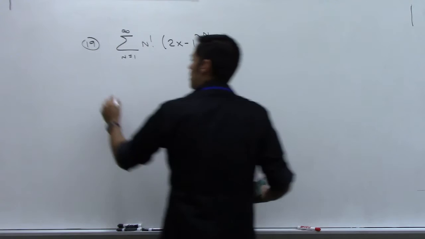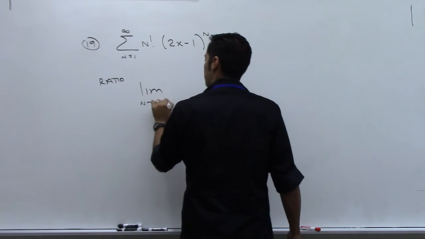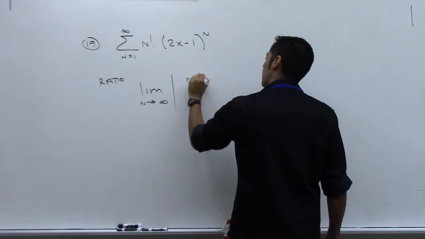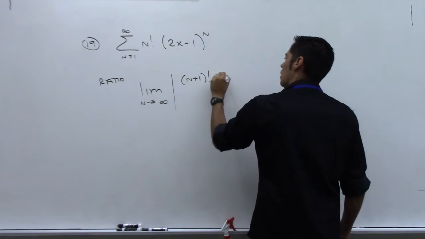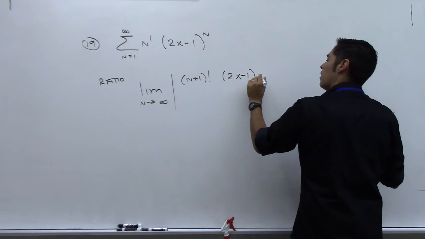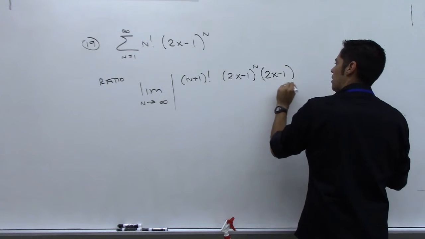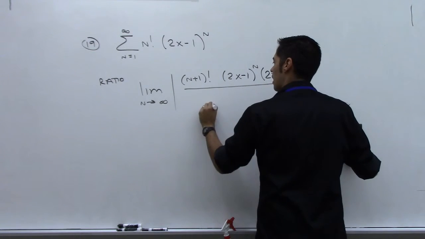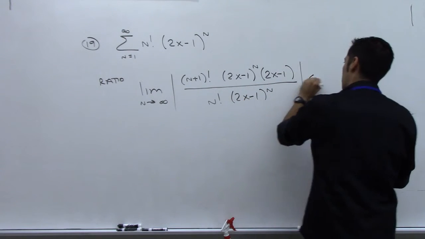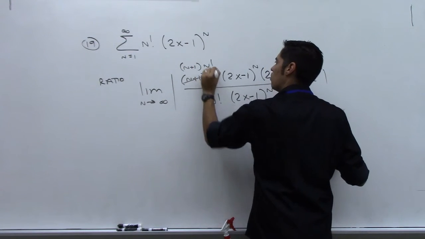So if I try a ratio test on this, limit as n goes to infinity, since there's not a fraction, I'm just going to write n plus 1 factorial, 2x minus 1 to the n times 2x minus 1 over this, n factorial 2x minus 1 to the n. I need that to be less than 1. Also, we're going to notice that n plus 1 factorial is n plus 1 times n factorial.